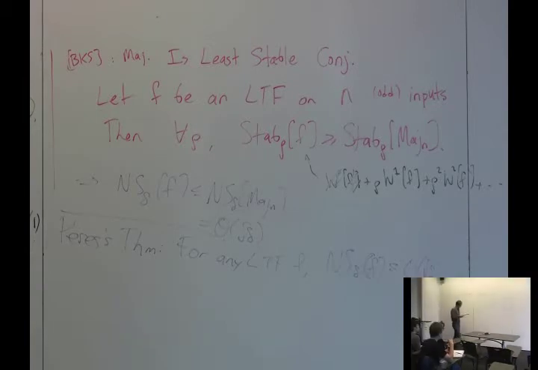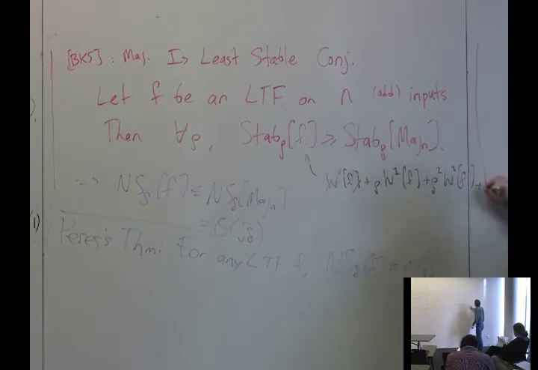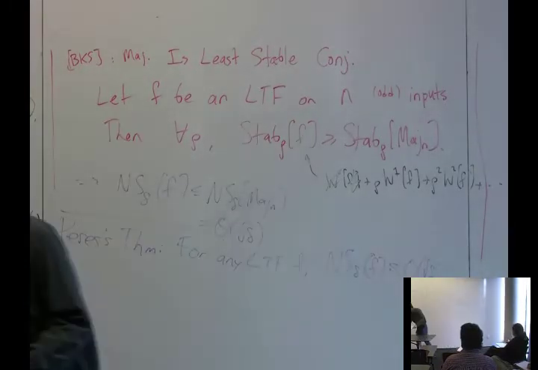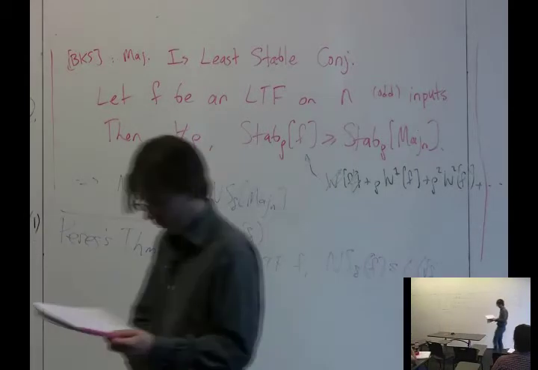One thing that's fun about this theorem is that you don't need any central limit theorem or anything. It's quite elementary, so it's kind of fun to prove. There are a few variants on the proof known. I'm going to give one that was given by Gopalan a little bit after Peres's paper.